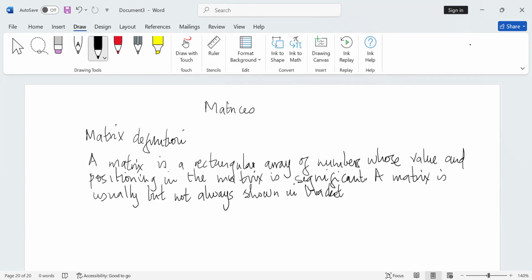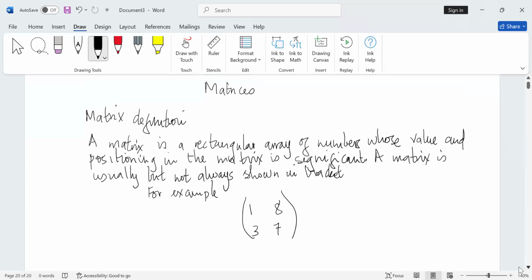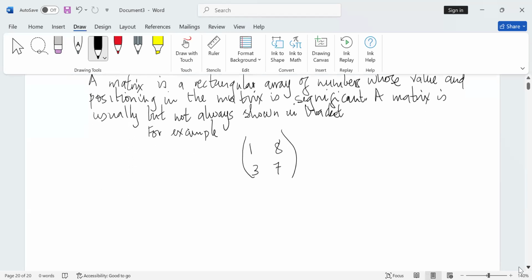For example, 1837. The size of a matrix is given by the number of rows the matrix contains and the number of columns.